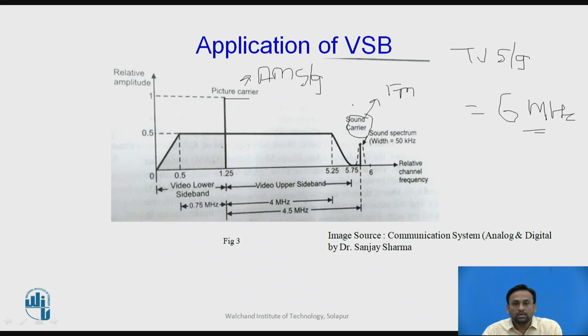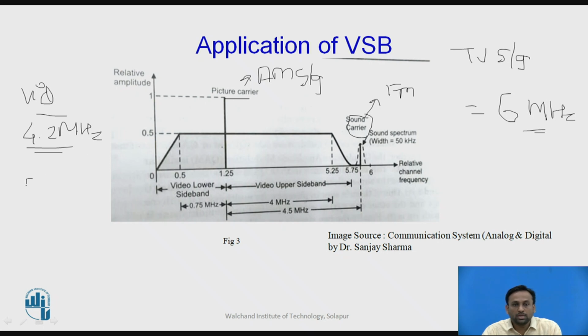But as we know, the video carrier, that is the picture carrier, is modulated at 4.2 megahertz, so the bandwidth required for that AM signal will be 2 fm.